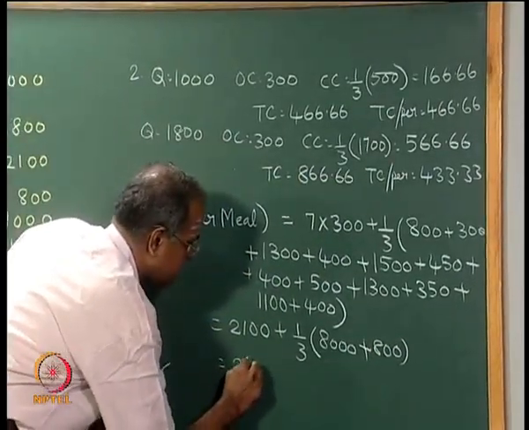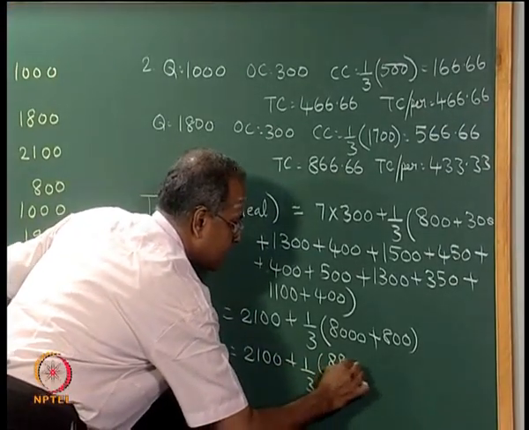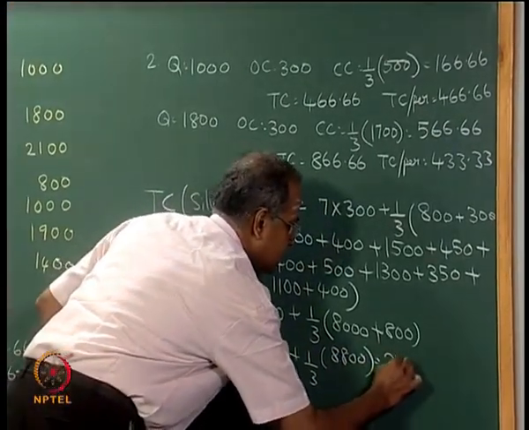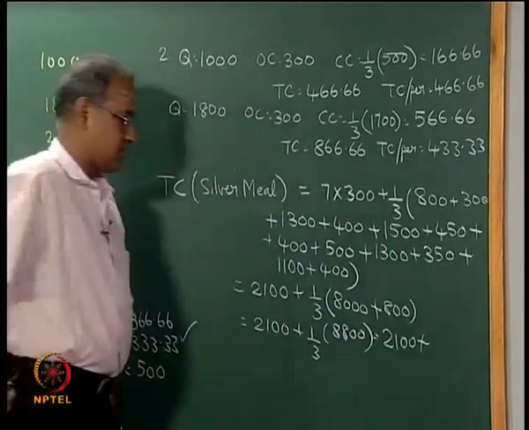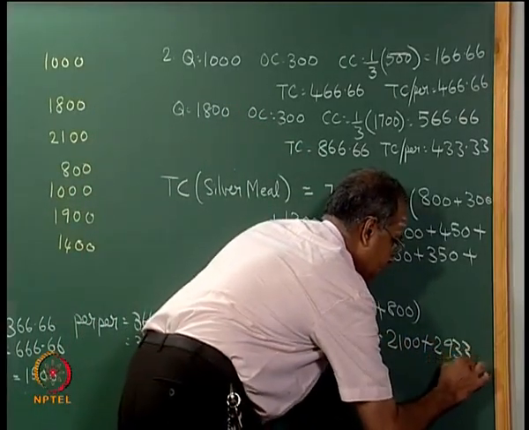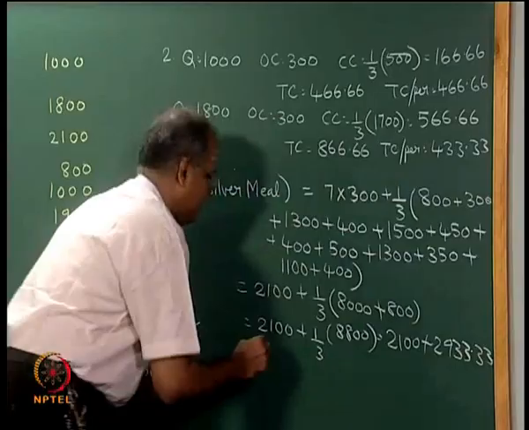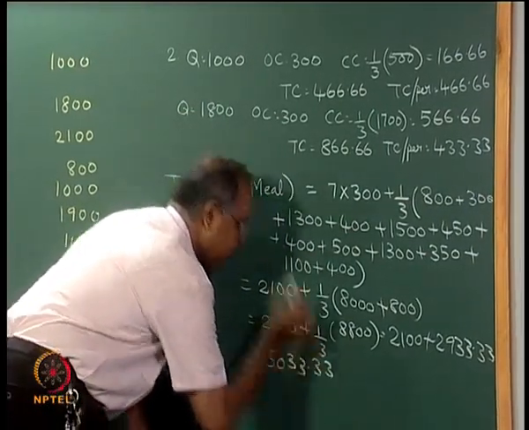So this is 2100 plus 1 by 3 into 8800, which is 2100 plus 2933.33, which would give us 5033.33.